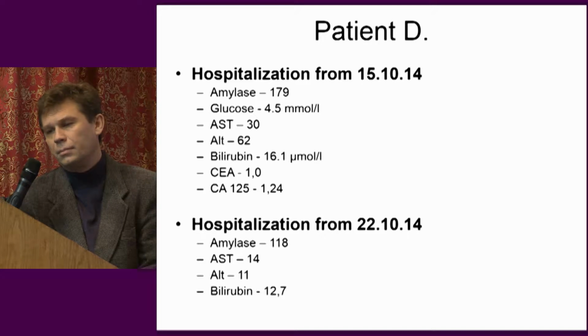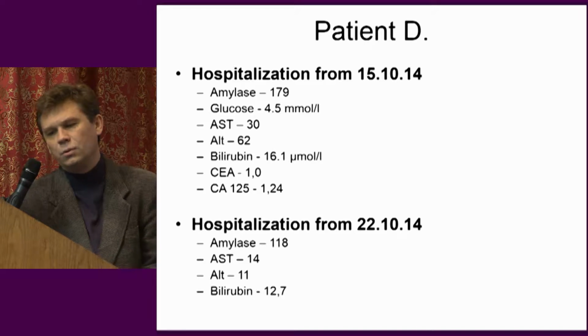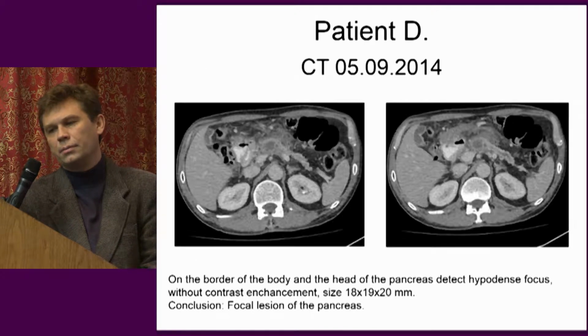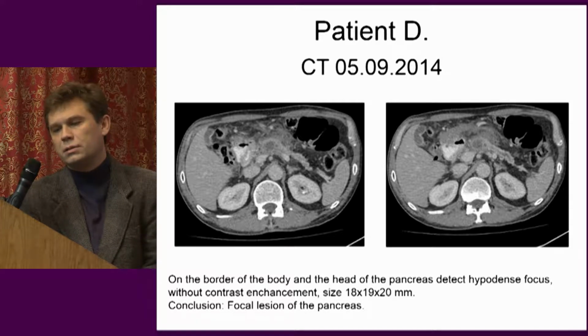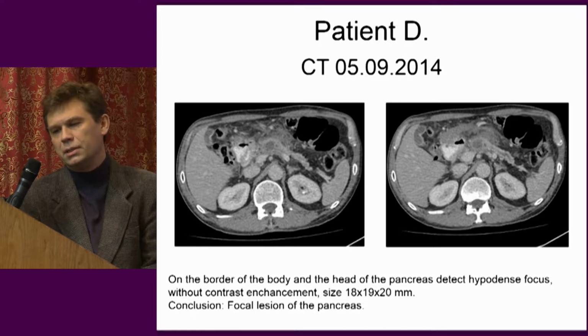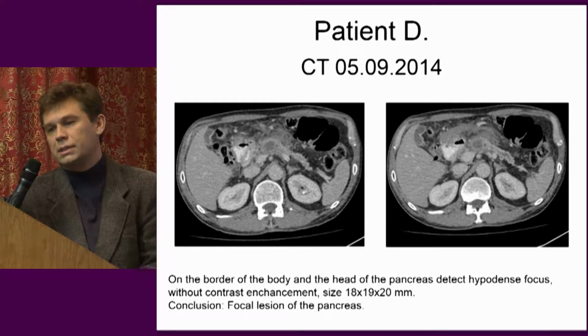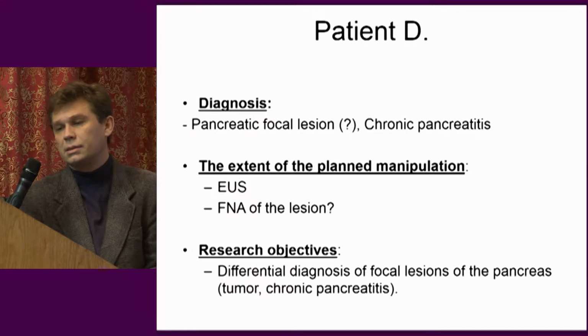And you see a moderate elevation of blood amylase, with other indices being normal, and a spiral CT in September showed the cyst lesion in the body with narrow pancreatic duct, and also signs of thrombosis of upper superior mesenteric vein with infiltration of parapancreatic fat.